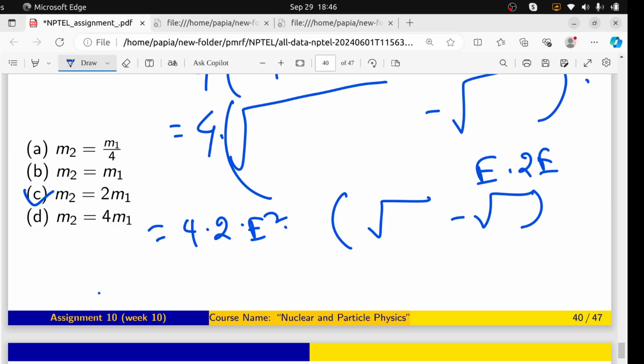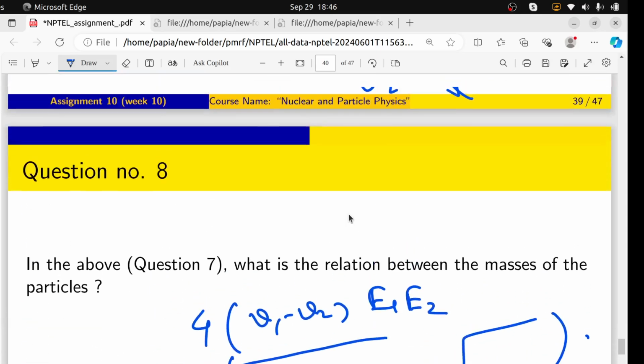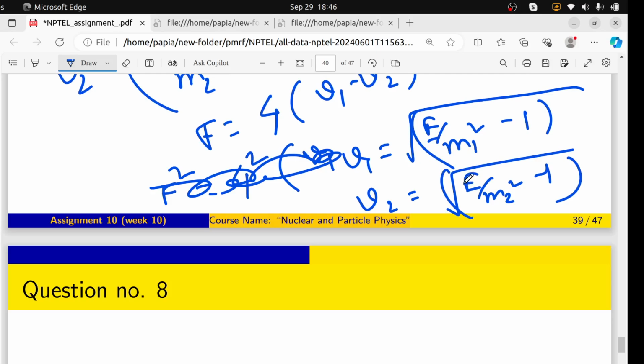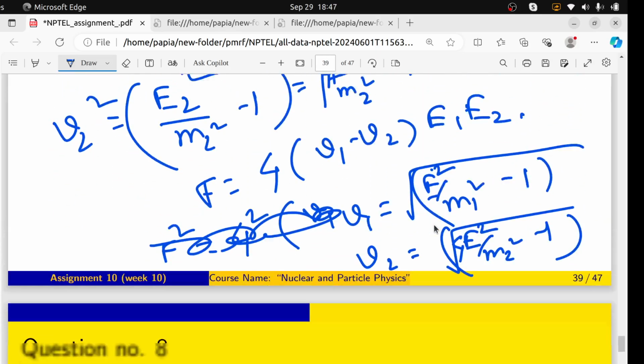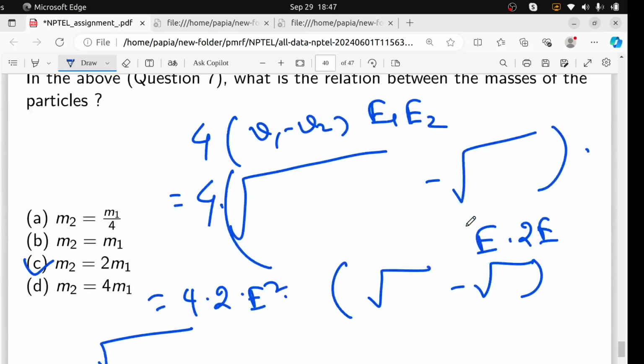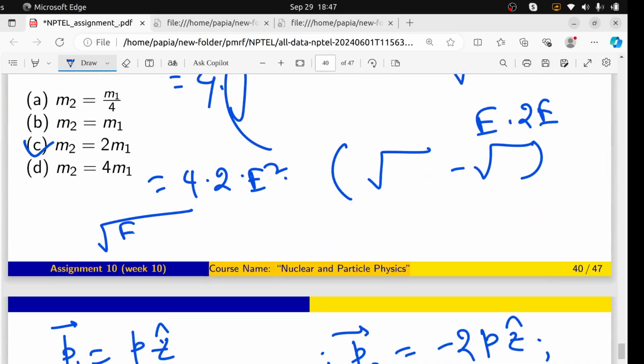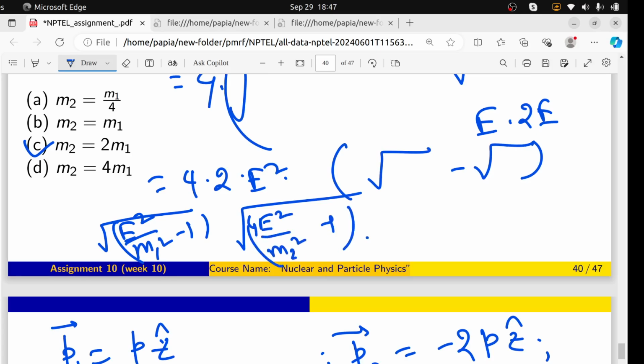Now take what is there inside of that. E square by M1 square, 4E square by M2 square. So E square by M1 square minus 1, then 4E square by M2 square minus 1.